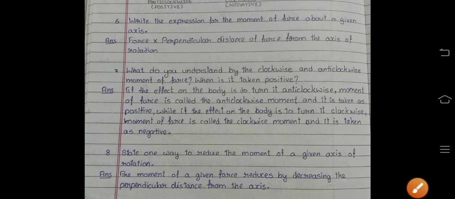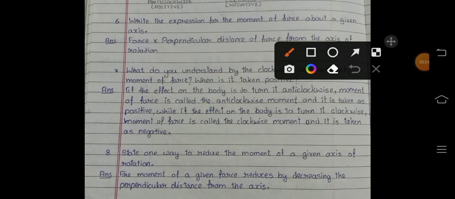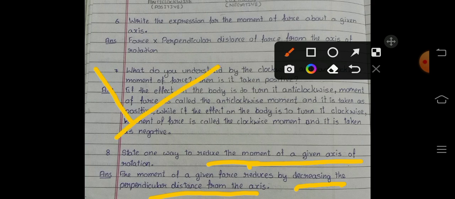Eighth question. State one way to reduce the moment of force about a given axis of rotation. So what does it mean? How can we reduce it? By decreasing the perpendicular distance from the axis of rotation, we can reduce the moment of force. As we know already, here is a pivoted point and here is the force which is applied at a suitable point.